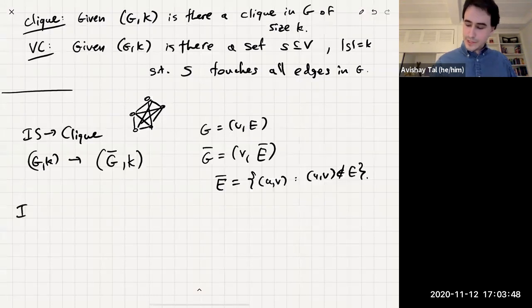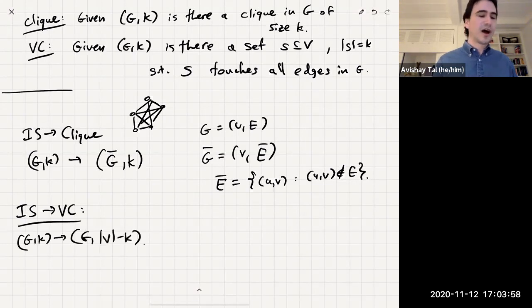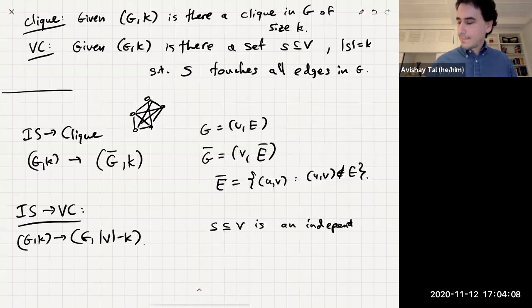And with respect to vertex cover, there's also a simple reduction. You don't need to change the graph at all. You just need to change the parameter. It turns out that a set S is an independent set if and only if the complement set is a vertex cover.